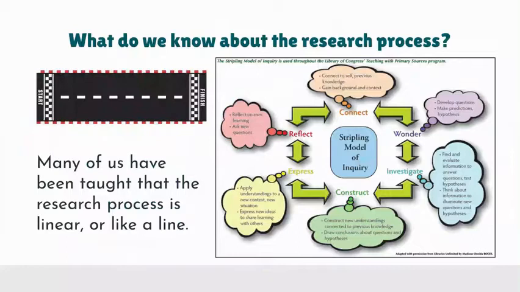The first 2 steps are the connect and the wonder steps. So we are going to be talking a little bit about gathering background information and about developing questions today. Tomorrow, we will move on to the investigate phase. But it's really important to remember that we can always go back to these previous steps if we need to.